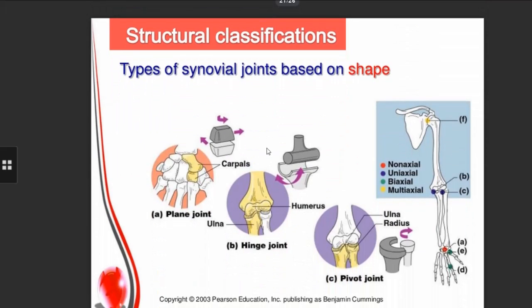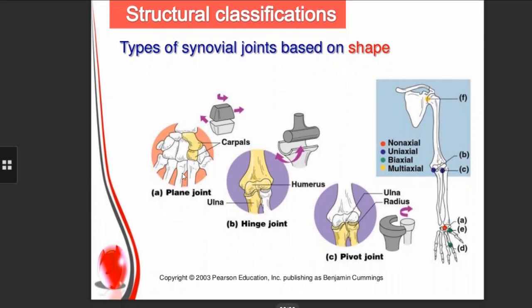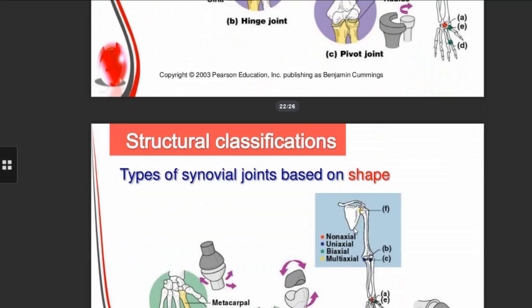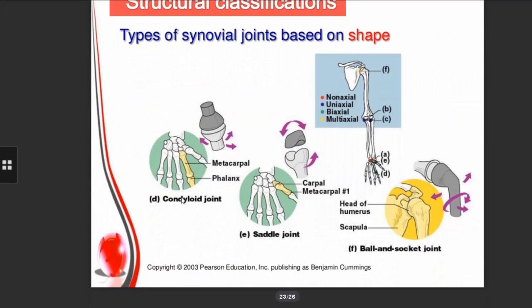Types of synovial joint based on shape. First, the plane joint. You can see that these are the carpal bones connected with each other. It's a gliding joint. Second is the hinge joint, where you can see the ulna and the humerus making a joint that is called a hinge joint. Third one is the pivot joint. You can see that this is the ulna, this is the radius, making a joint. D is the condyloid joint. You can see here the metacarpal and phalanx making a joint.